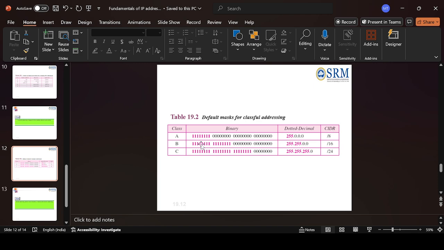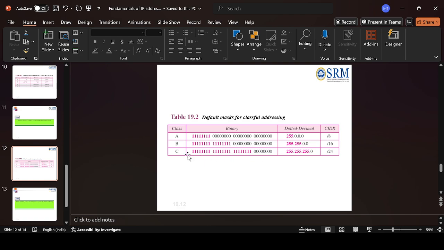In class B, the mask value is 255.255.0.0, and in CIDR notation it is represented as /16. CIDR is classless inter-domain routing.